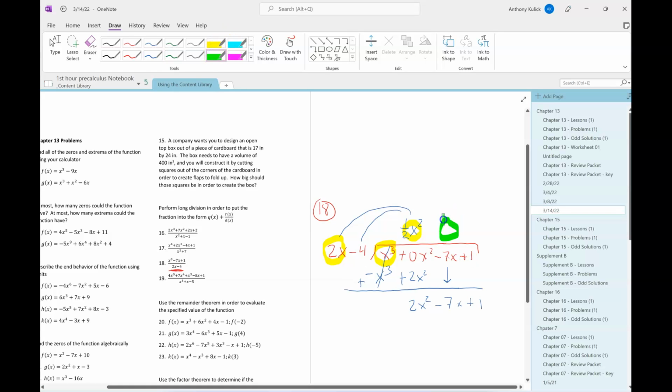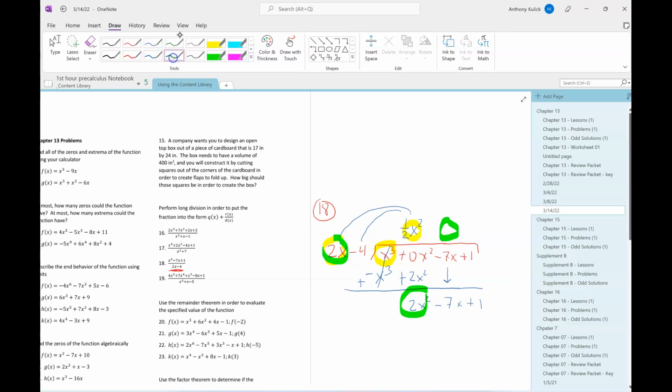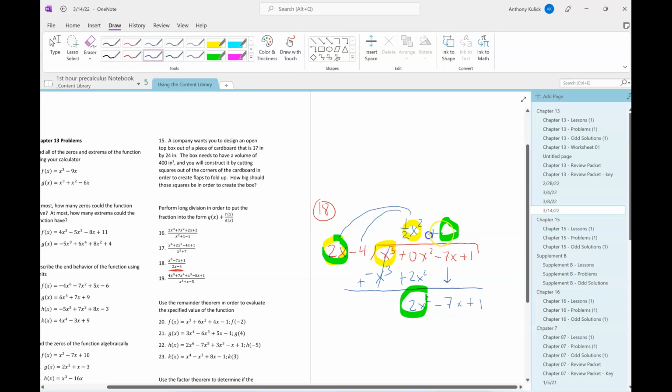And we'll ask then, what times 2x gives me 2x squared? x. So I'll write plus x up top. And then I'll distribute this to both terms of my divisor. And we'll subtract down.